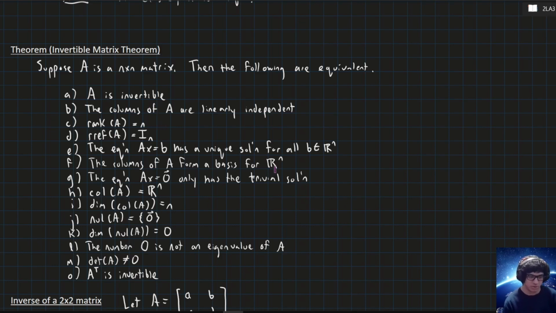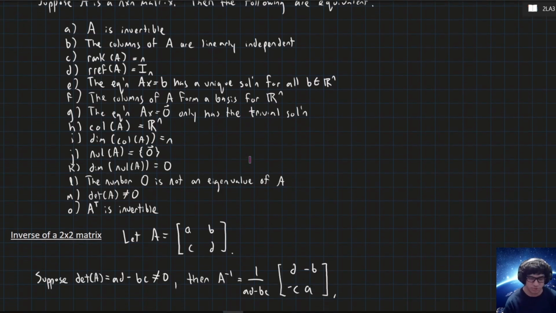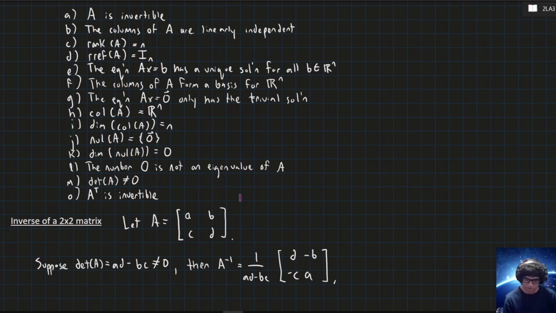So what are some ways to calculate exactly what the inverse is? For a 2 by 2 matrix, it's not too bad. If we let A be this matrix here, with entries a, b, c, and d, then the determinant, which is ad minus bc, if this is non-zero, then the inverse exists, by this theorem up here.